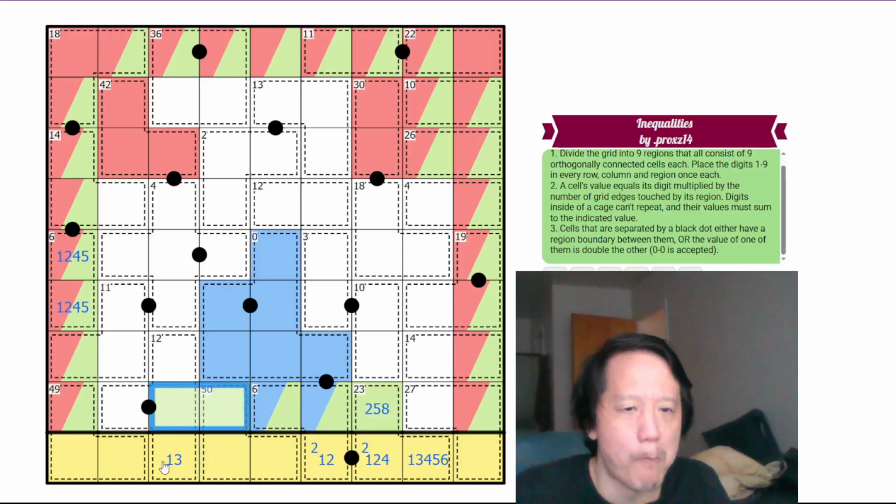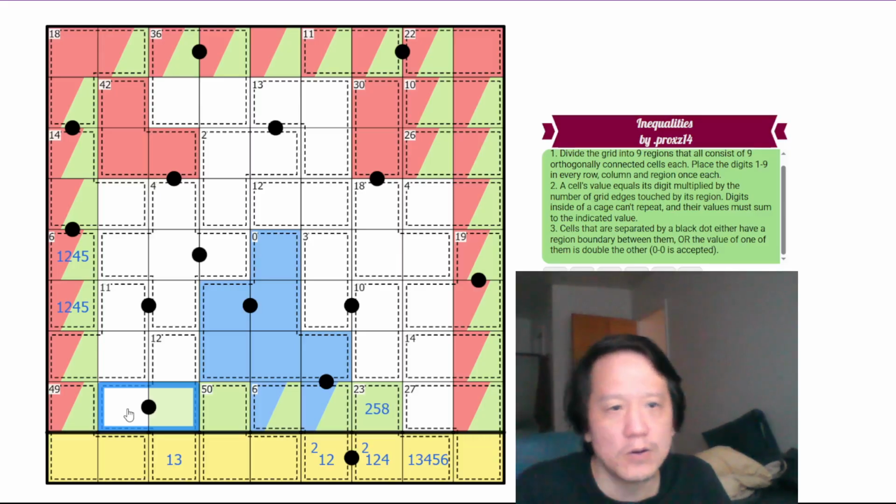Okay. This has to go out somewhere, at least. This could be boundary. Or it's a 1 to 2 ratio here.